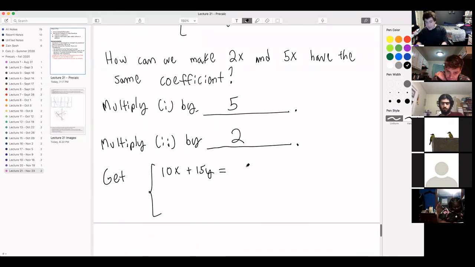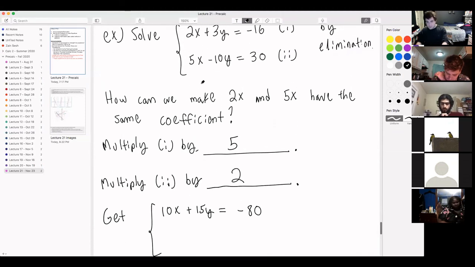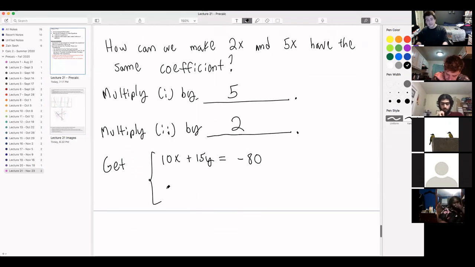I can't do that in my head. That's negative 80. Multiply equation 2 by 2, that's a little more doable in your head. That'll be 10x minus 20y is equal to 60.